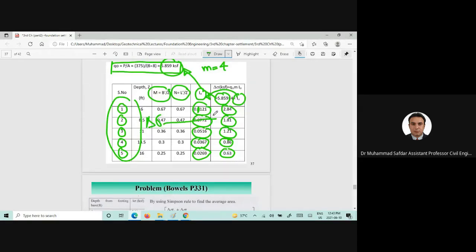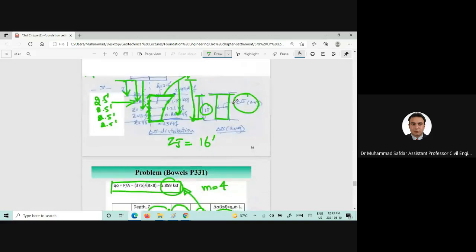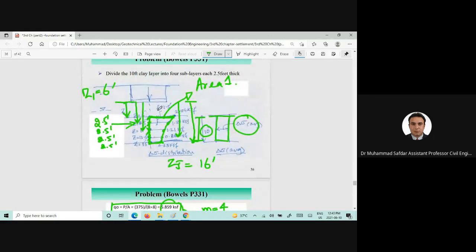Now as I mentioned earlier, we need to find out the delta sigma if we compare the area 1 to the area 2.